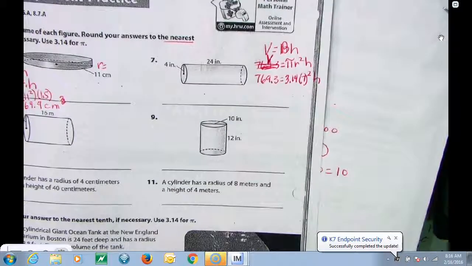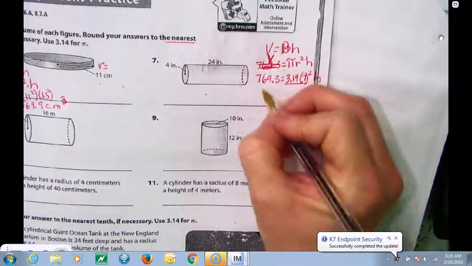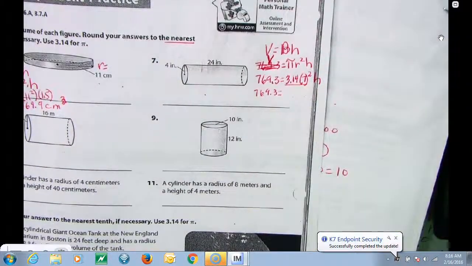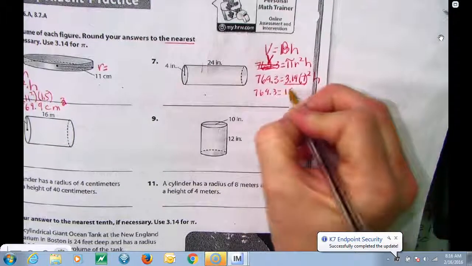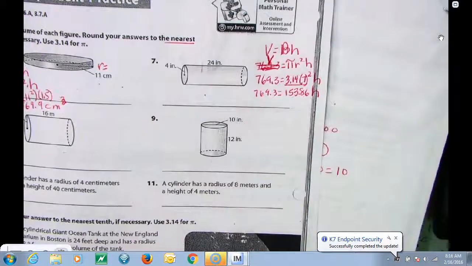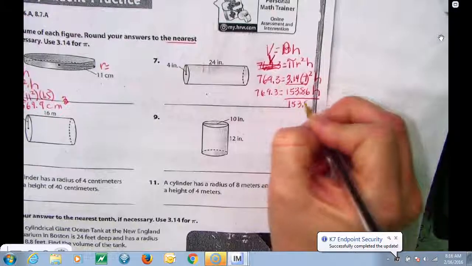Now what do I do now? You have to divide 3.14 times 7 squared. There you go. Right. So what's 3.14 times 49? Yes. Okay. And then I'm going to divide by 153.86.